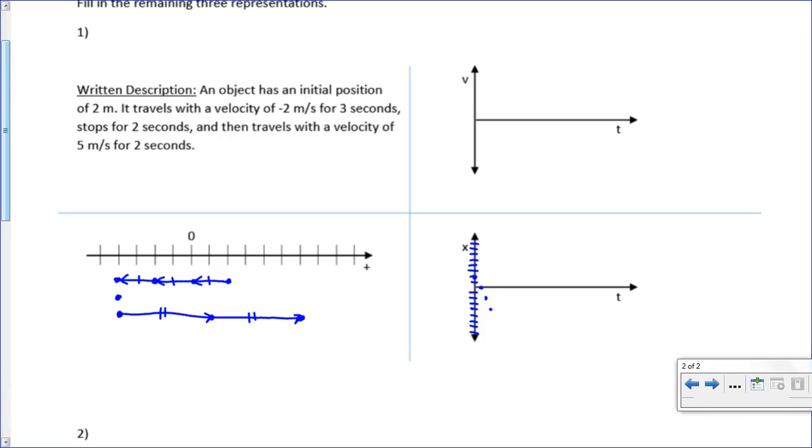And then it stays there for 2 seconds. Then in the next second, we are up at a position of +1. And then in the next second, we're at a position of 6. So it looks something like this.